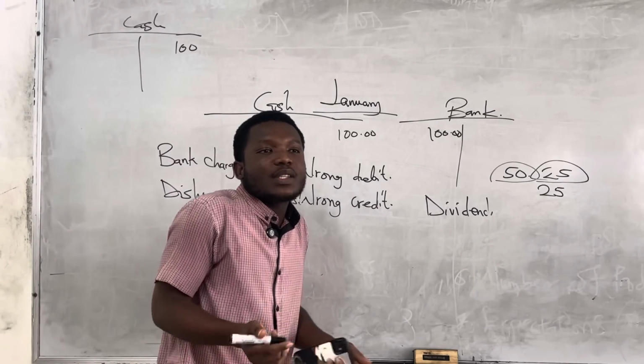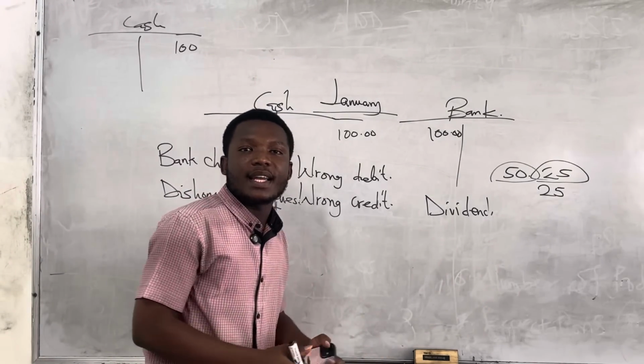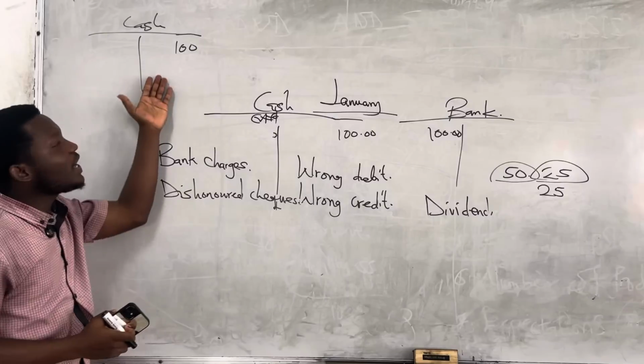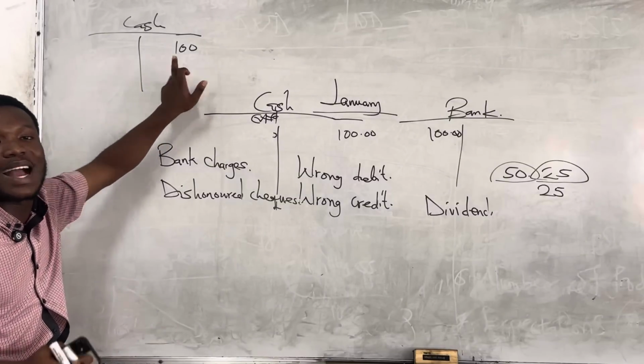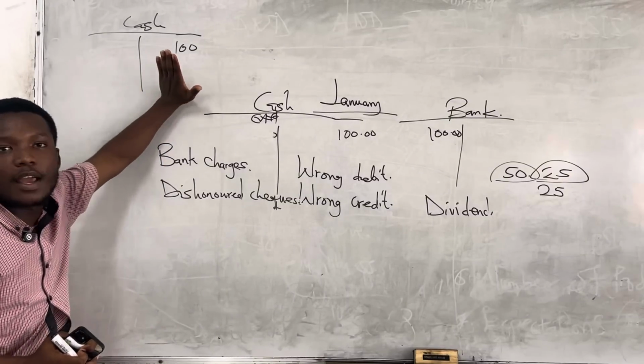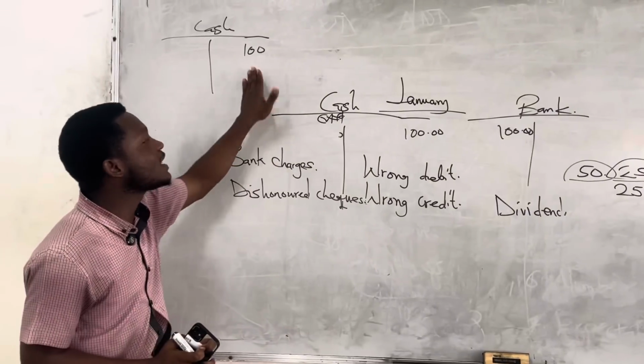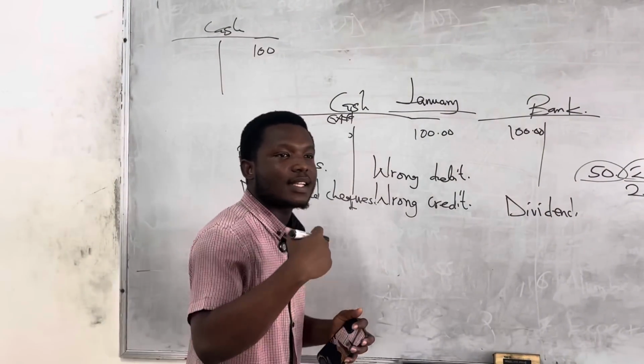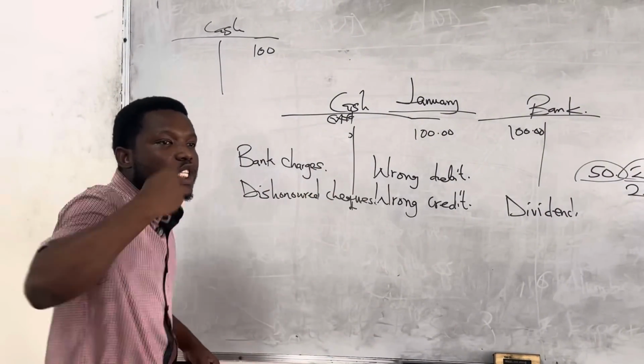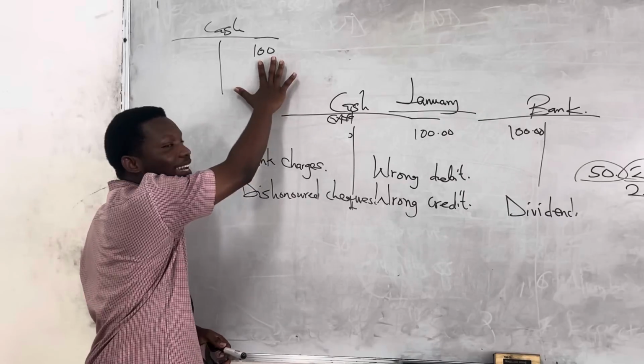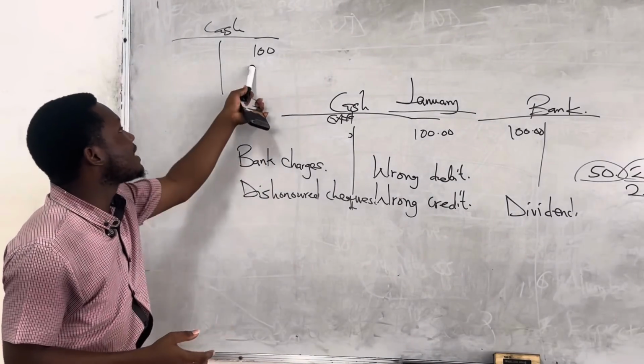Now, the supplier goes to the bank, and the bank tells them that this person does not have 100 cedis in his account, so we can't give you this money. So they have to dishonor it. When they dishonor it, the supplier will come and tell you that the check you issued to me has been dishonored.